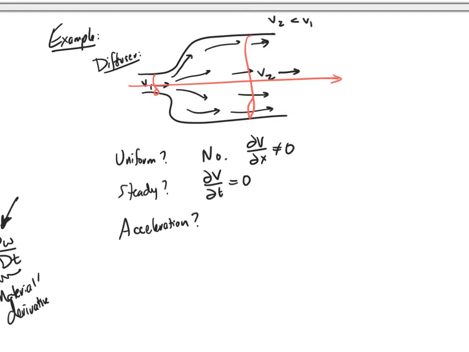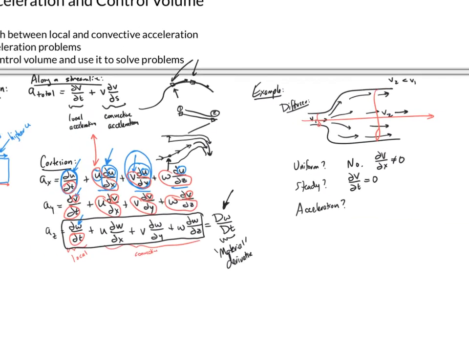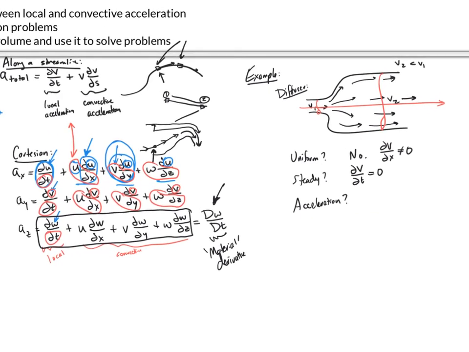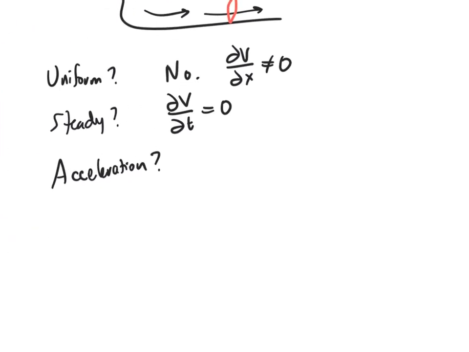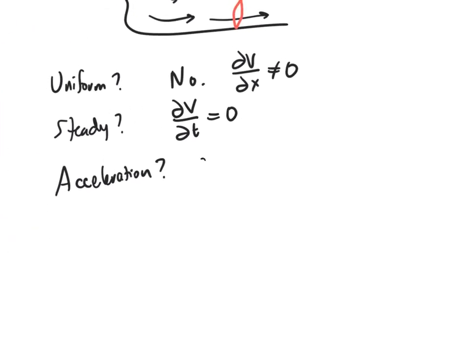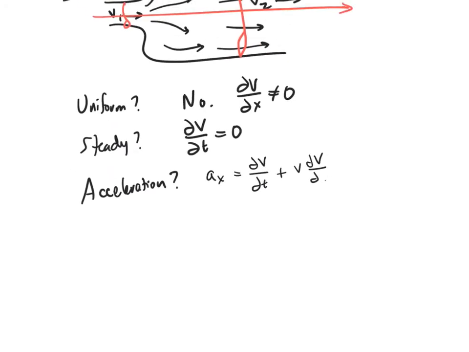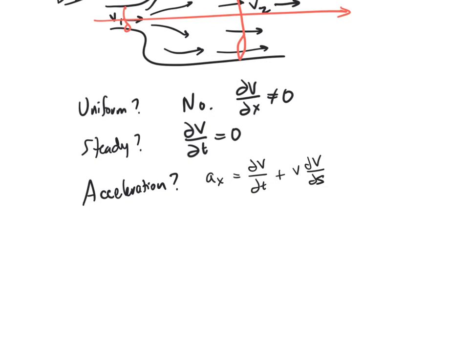Okay, so how would we get the acceleration here? Well, we could do this in Cartesian coordinates if we wanted to, but I'm just going to use the streamline approach. So I'm going to say acceleration in the x equals dV/dt plus V dV/dx, or really s, so along a streamline, dV/ds.